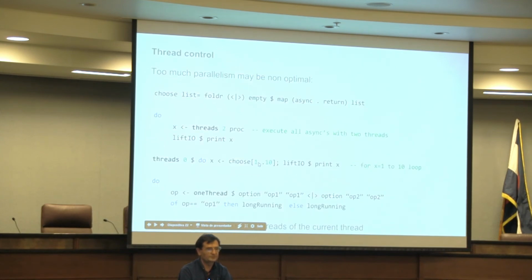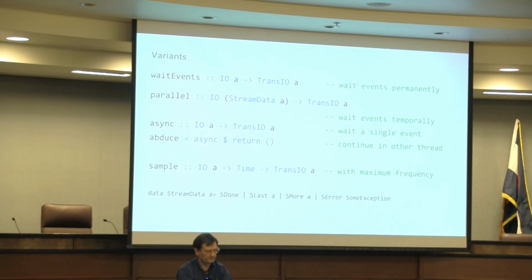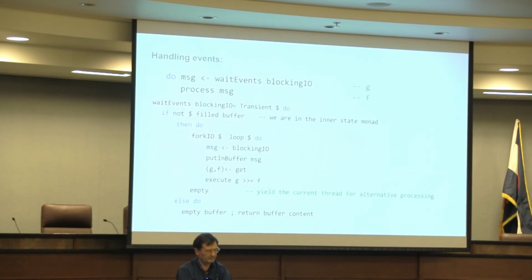Choose is also defined in terms of async, which is very similar to waitEvents. You see that there is a fork here, and in the current thread, the thread in which waitEvents is initialized, it's an empty computation.